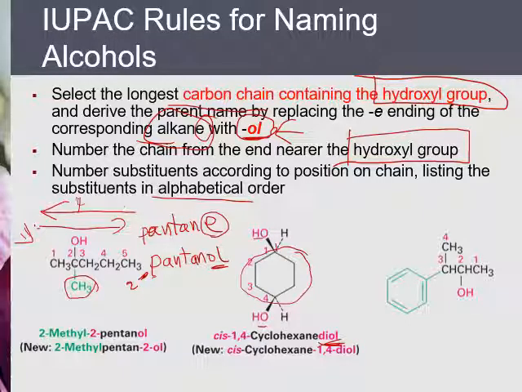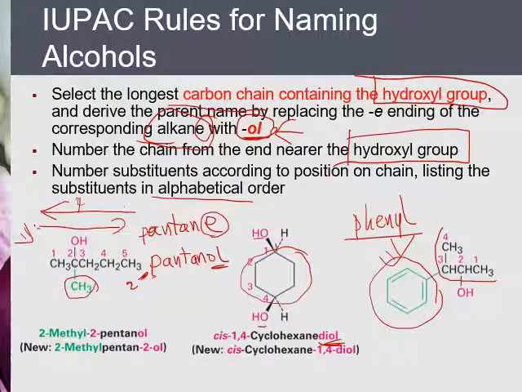Okay, now the last molecule. You go from left to right. The longest chain is 4. Note that here benzene is a substituent called phenyl. Whenever benzene is a substituent, the name is phenyl. Now, if you go from left to right, number 2 will be hydroxy and number 3 will be the phenyl group.